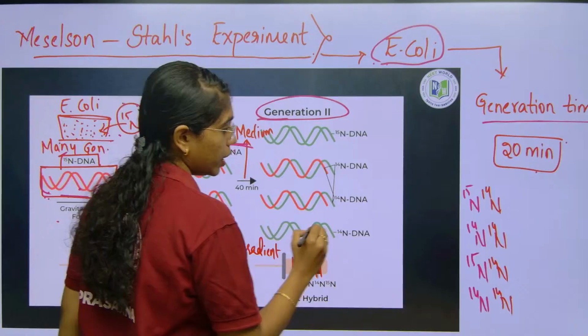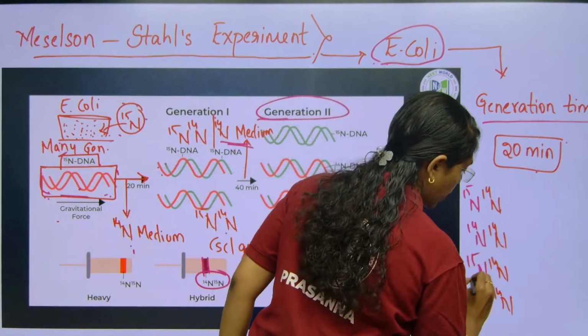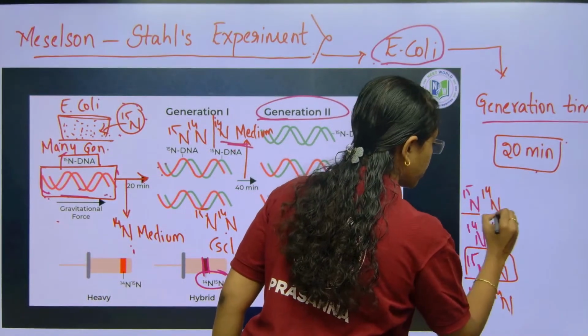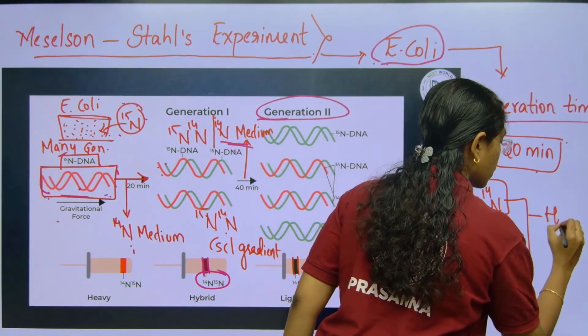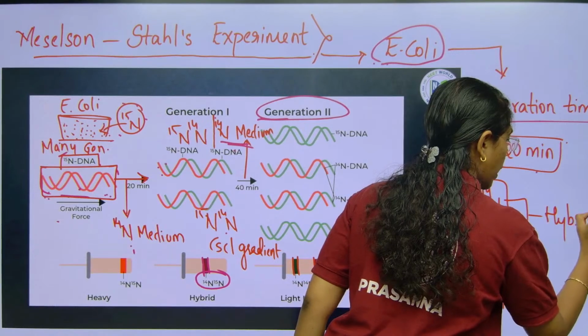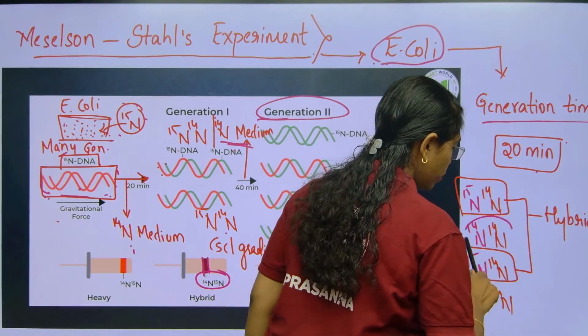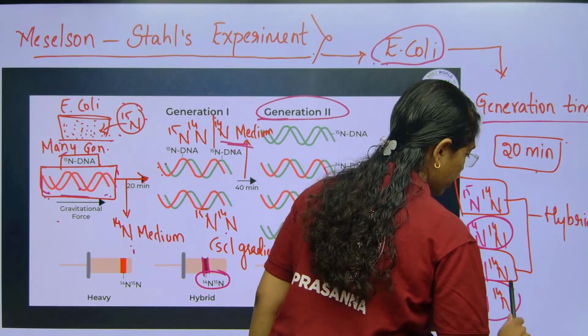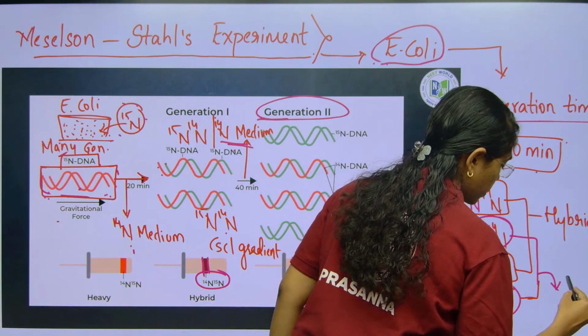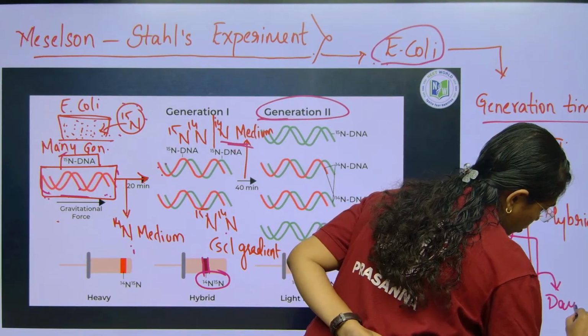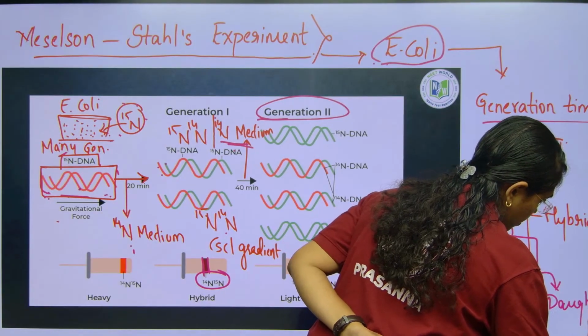Got it? That means you get 2 hybrid strands and 2 N14, N14 daughter strands. 2 hybrid strands and 2 daughter strands.